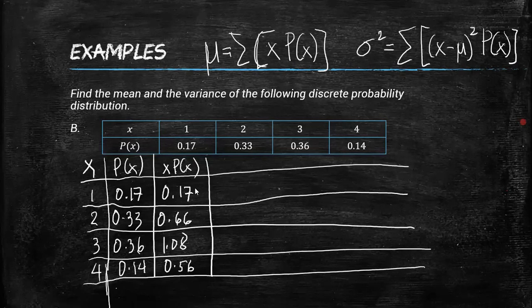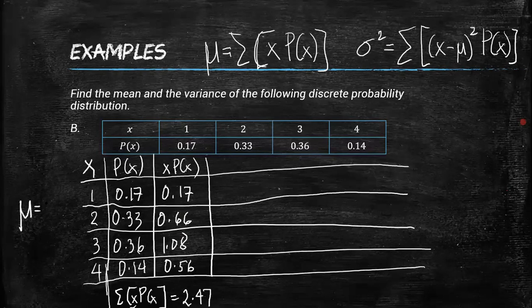So all we have to do is to add all this x times p of x. So we have the summation of x times p of x. So that would be, what's the sum? 2.47, sir. 2.47. That means our mean is 2.47.